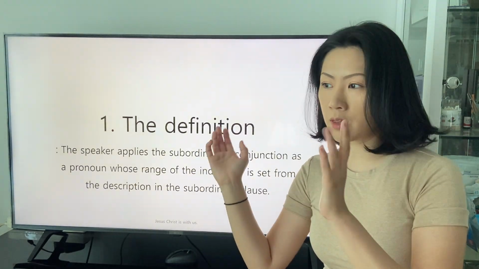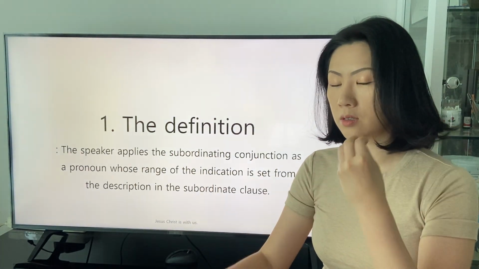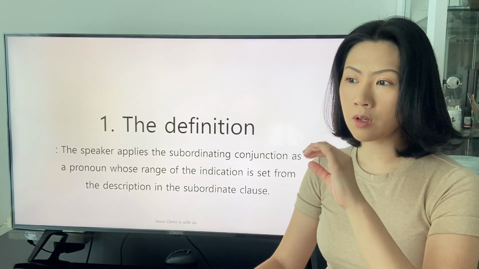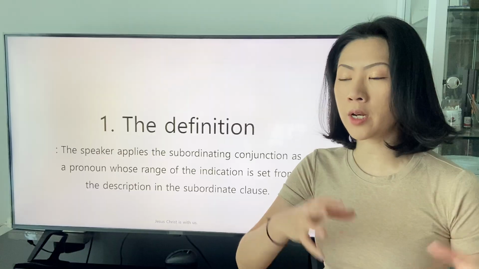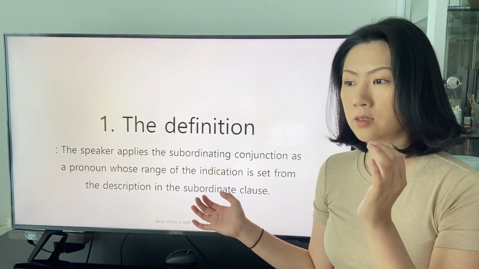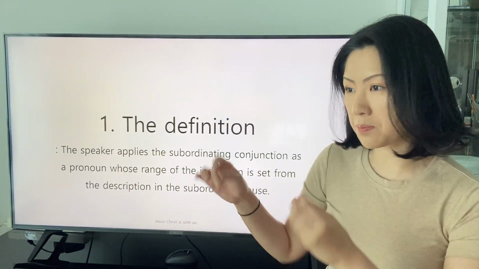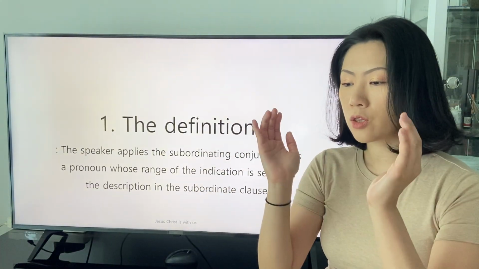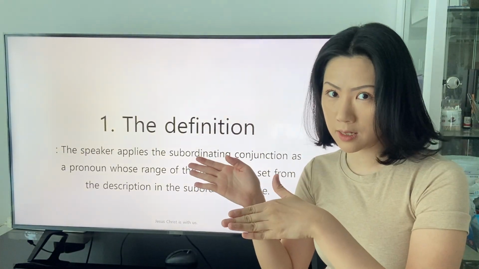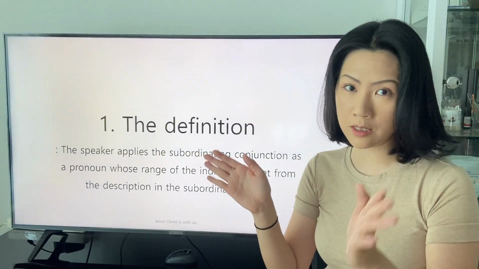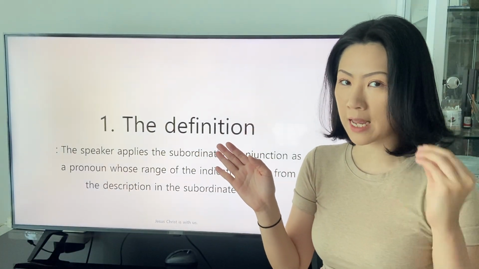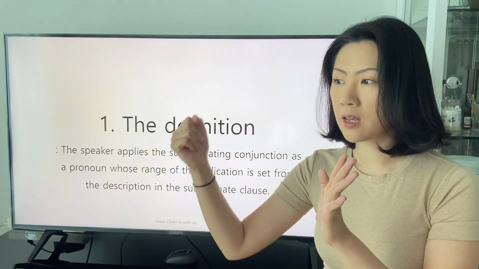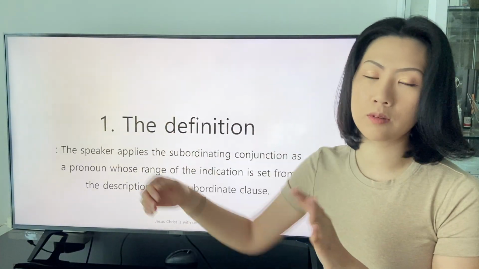The fact that the subordinating conjunction is applied as a subject or an object in the subordinate clause means that the subject or object that indicates the same subject or object as the precedent in the main clause is described in the subordinate clause.